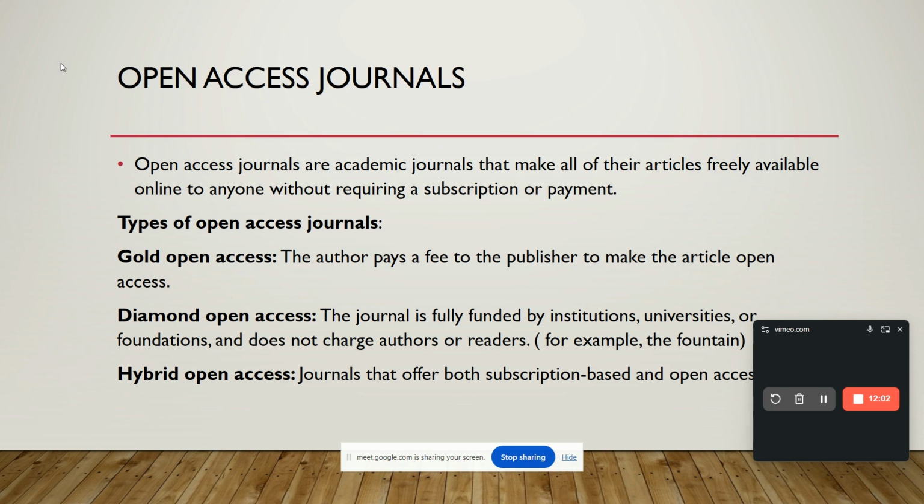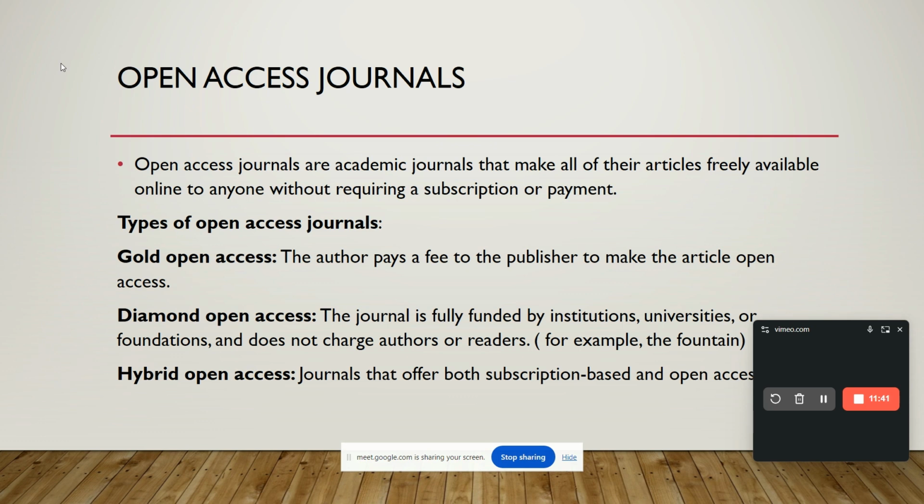Then Diamond Open Access, where the journal is fully funded by institutions. For example, the Fountain Journal that we have here, we fund it. We don't expect any payments from the authors, or we don't charge any article processing charges.